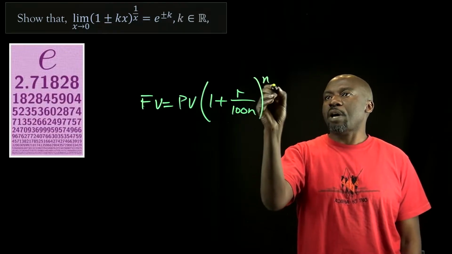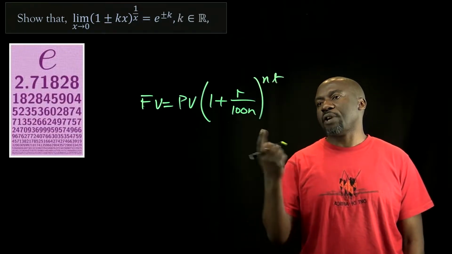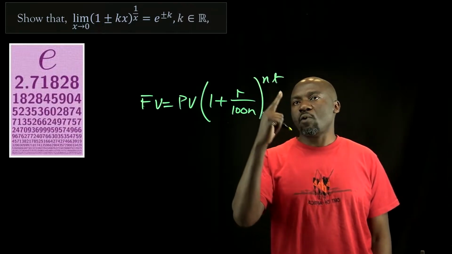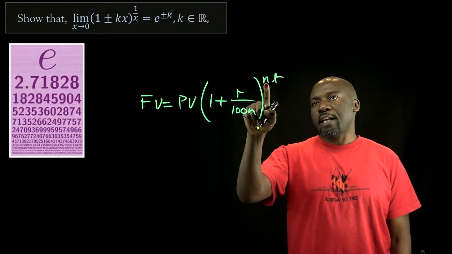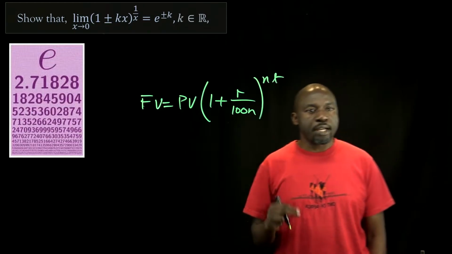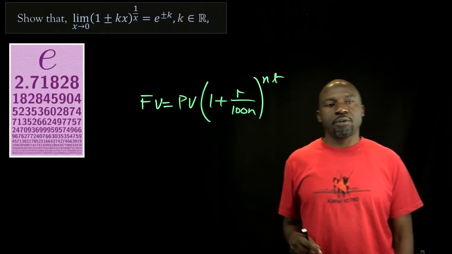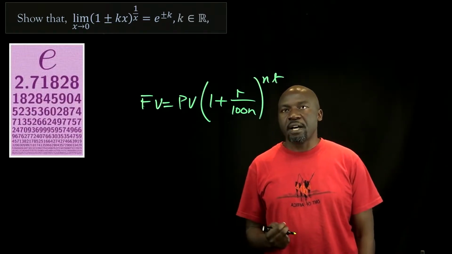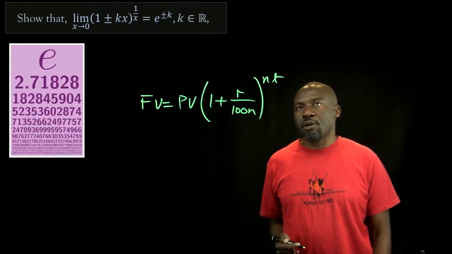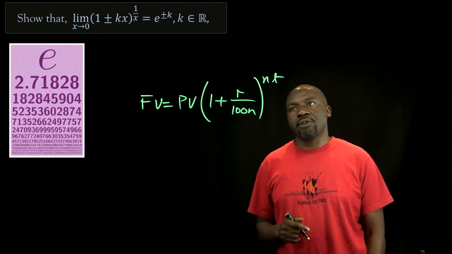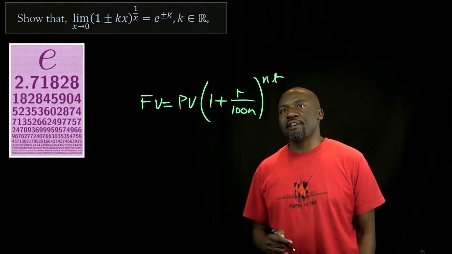So for example, if we are compounding once every year, then n is 1. If we are compounding twice every year, then n is 2. If we are compounding every month, then n is 12, and so on. t refers to the number of years for which we are going to calculate the interest.